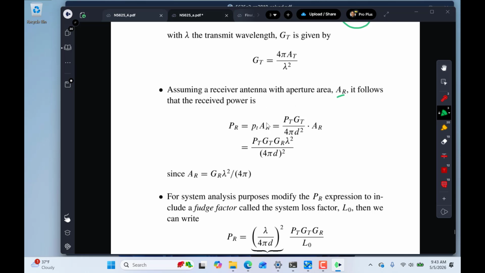When you combine the two, you get gain of the transmit antenna, gain of the receive antenna, lambda squared shows up because it's part of the definition, and then you get 4 pi d squared in the denominator. That's the range, so this is an important attribute.